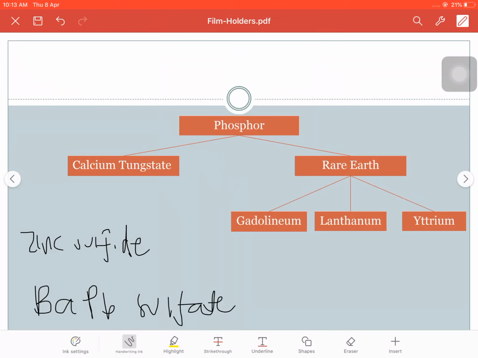So before rare earth crystals became the material used as a phosphor, we had calcium tungstate, zinc sulfide, and barium lead sulfate. Again, zinc sulfide is used for a low kVp technique to produce a high quality image, but if the kVp decreases, we have to compensate by increasing the mAs.